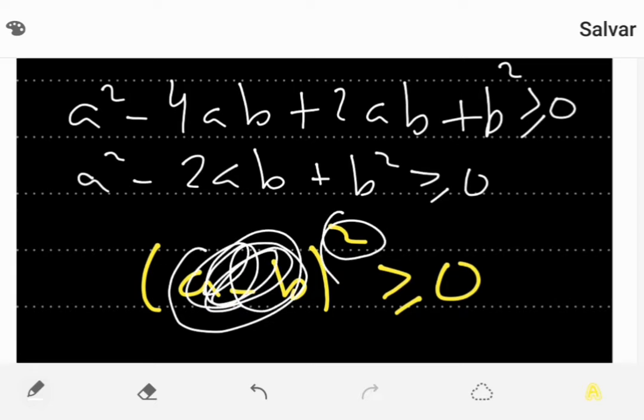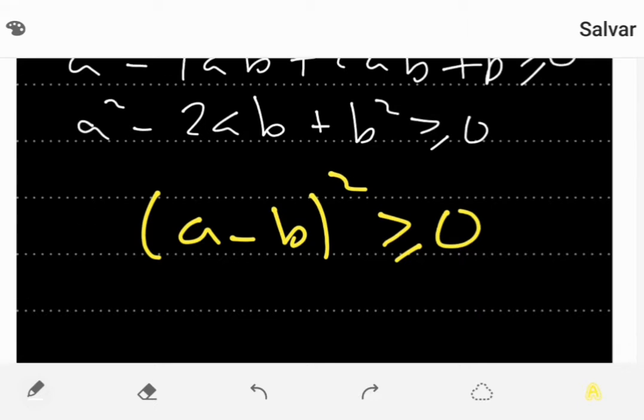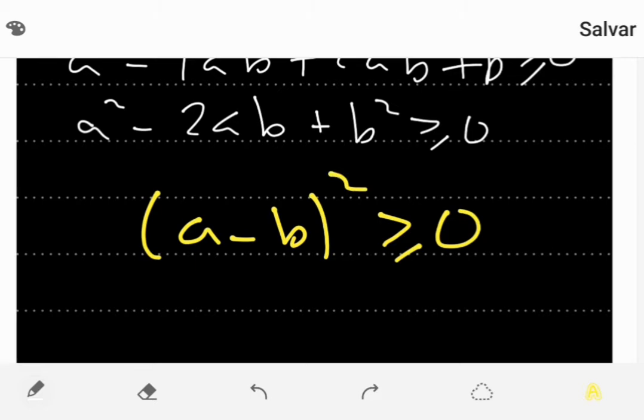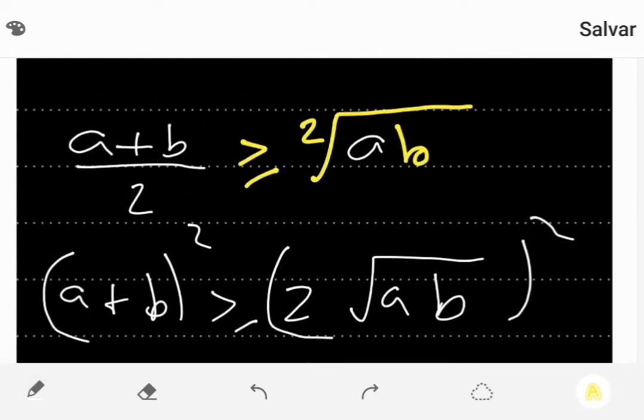It is squared, so even if it was negative over here, it will be squared and it will become positive. So the only possibility is a positive number or 0. So it must be bigger or equal to 0. So this is true, and this proves this formula over here.